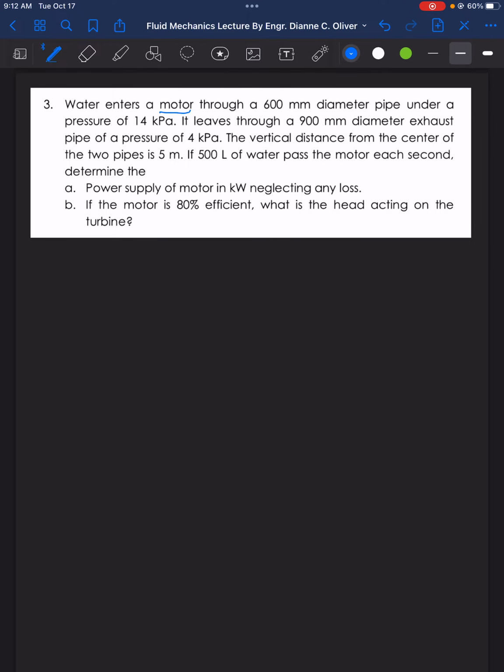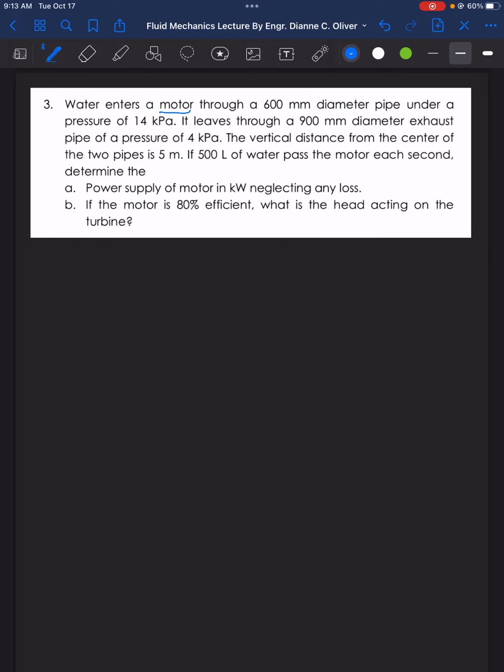The vertical distance from the center of the two pipes is 5 meters. If 500 liters of water pass the motor each second, determine, letter A, the power supply of the motor in kilowatts, neglecting any loss. B, if the motor is 80% efficient, what is the head acting on the turbine?